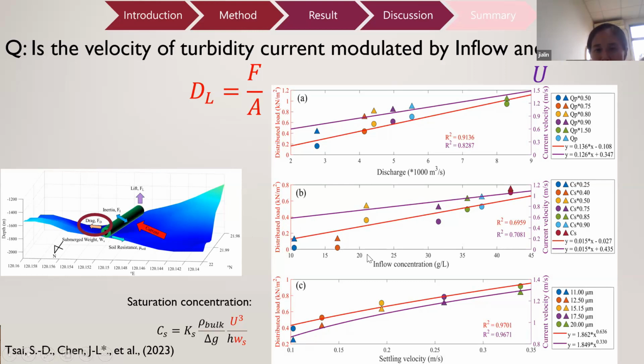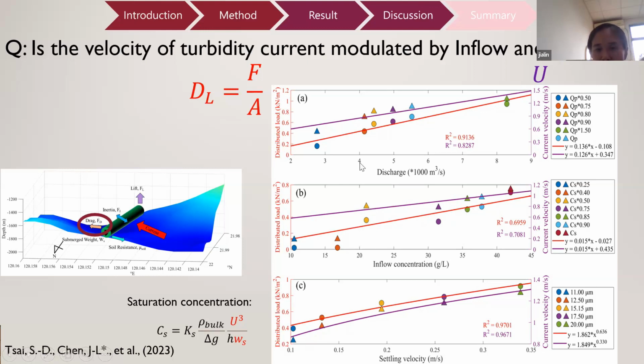When the sediment concentration exceeds 23 grams per liter in our study, we show that there is some distributed load, but this distributed load is actually not proportional to the increase of inflow concentration.